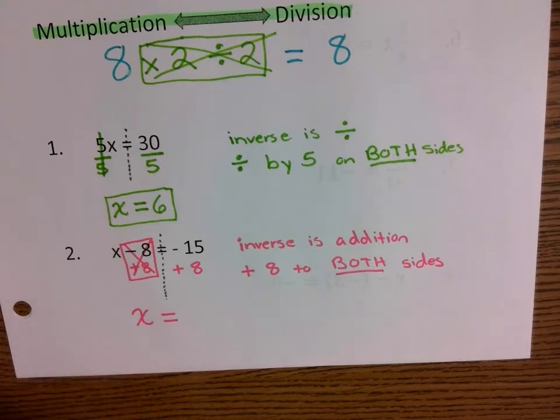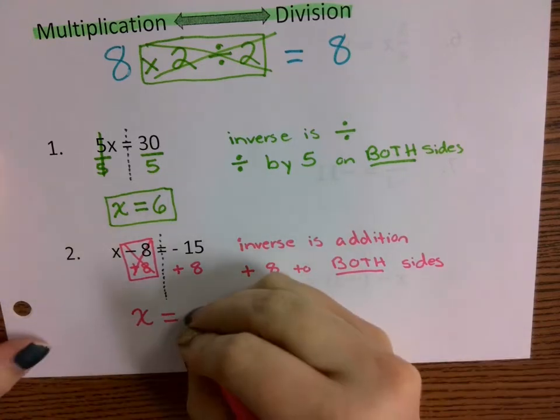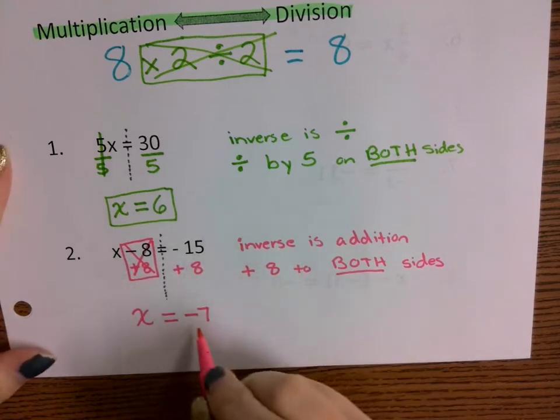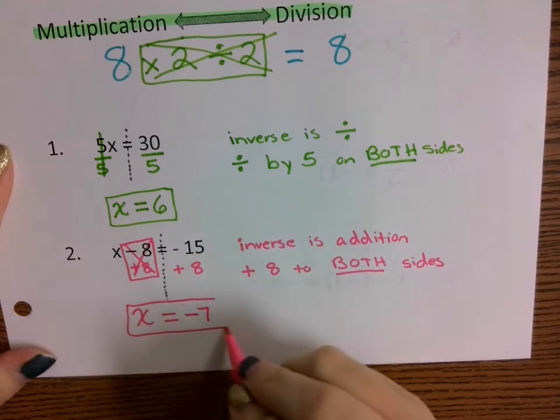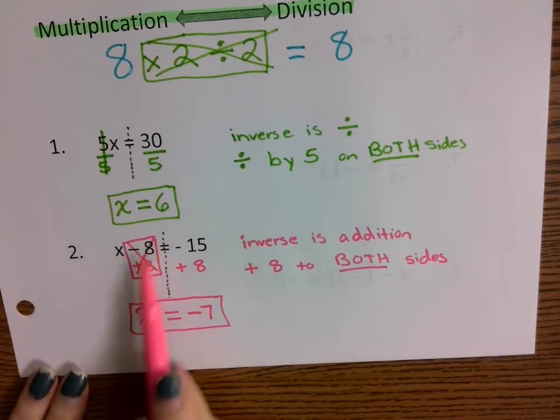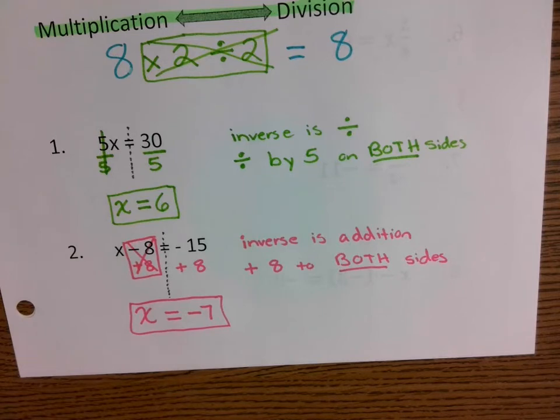What is negative 15 plus 8, Fiona? Negative 7. Very good. Negative 15 plus 8 is going to equal negative 7. And there's our solution. And we can plug that in. We could write negative 7 minus 8, and if we do negative 7 minus 8, it gives us negative 15.